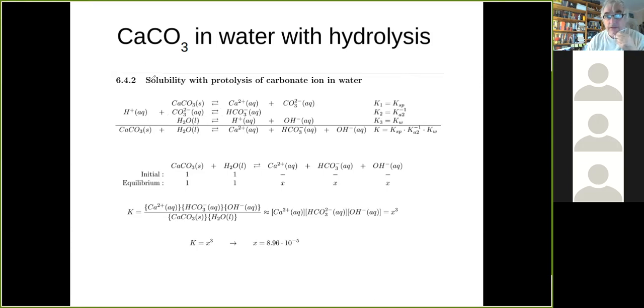Then taking equation 1 and equation 2, we can just skip those two. And here we have calcium carbonate plus H plus going to calcium ions and hydrogen carbonate. H plus, then it would be like pouring acid on it.